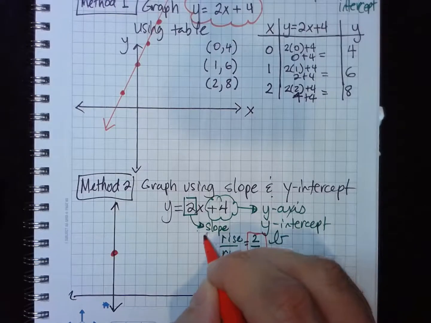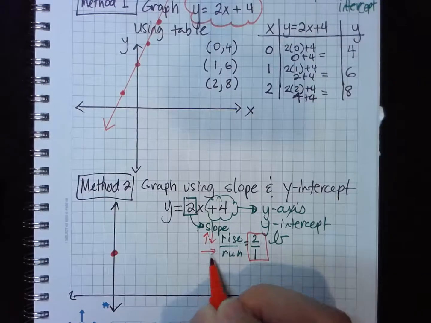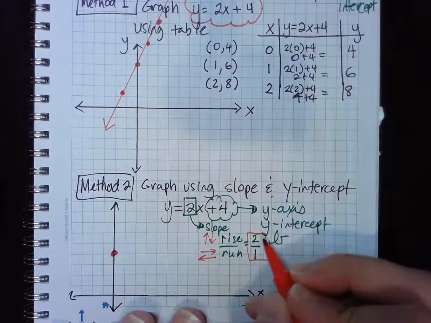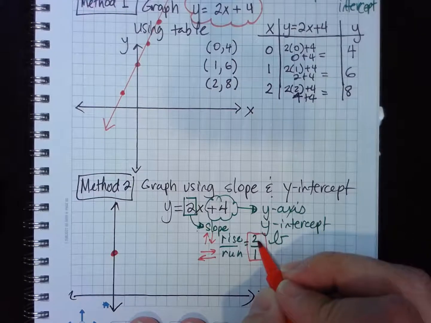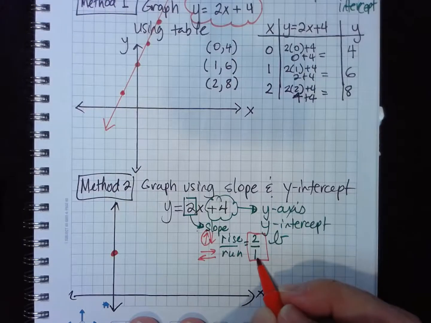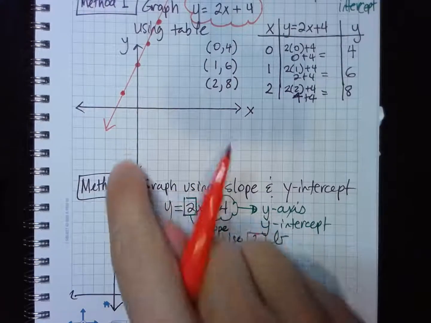Rise either goes up or it goes down, and run either goes right or it goes left. So since my rise is positive, it's positive 2, that means it's going up. And since my run is positive 1, that means it's going right, because the positives go this way and that way.